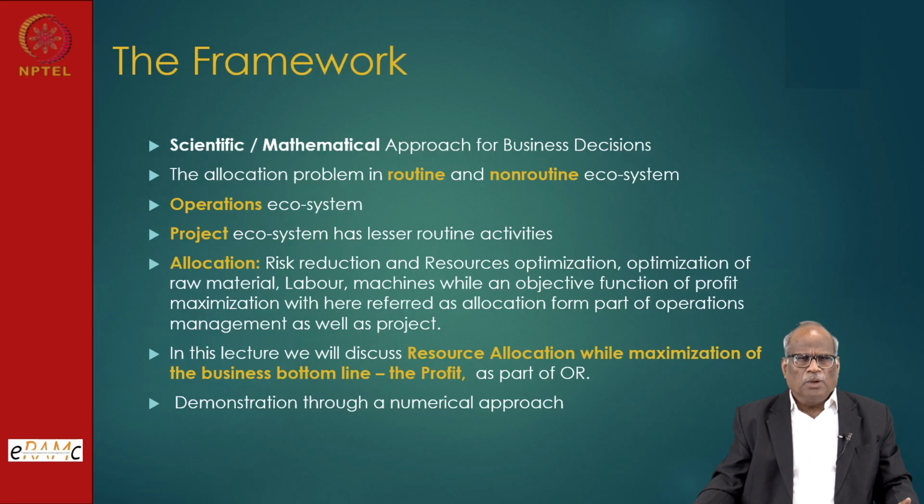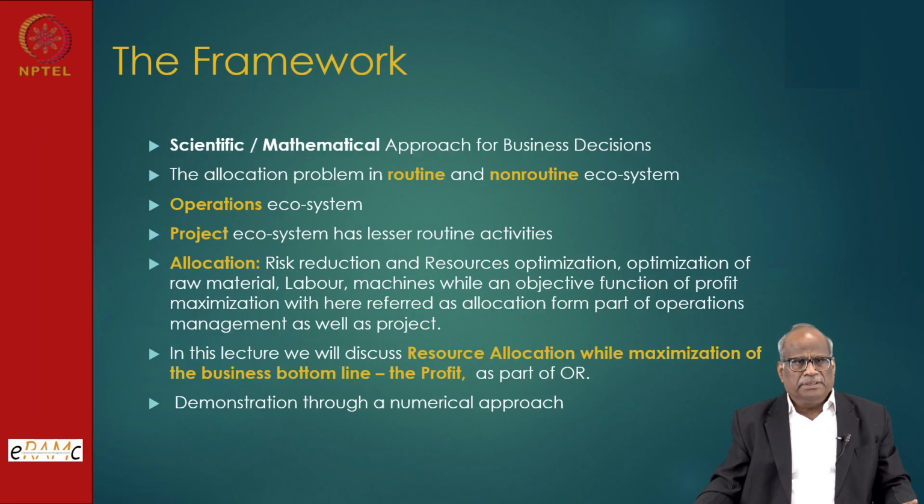Through the example, which will be so elementary that we can say it is a routine thing, we consider maximization of the profit, keeping in view the constraints on resources.